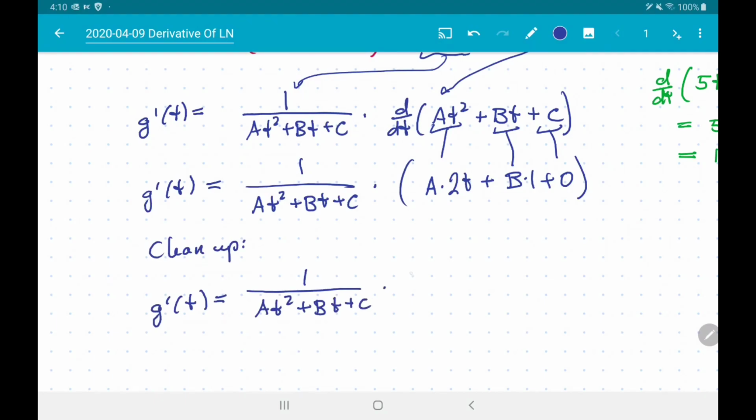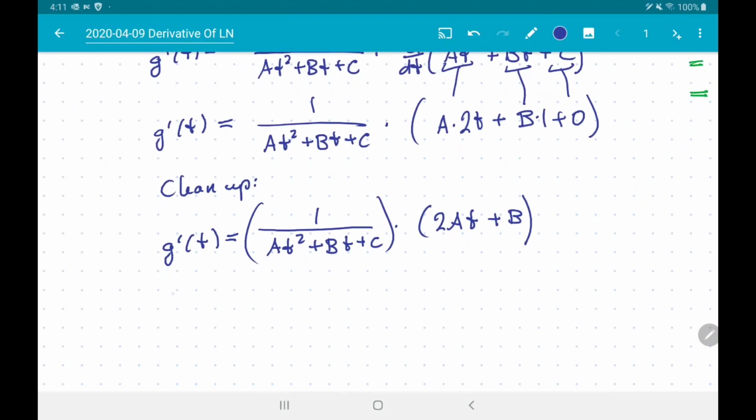And I'm going to put in some extra parentheses just to make everything clear. So there it is. The first part is 1 over the stuff, at squared plus bt plus c, times the derivative of the stuff, 2at plus b. Very often you will see all of this put together into a single fraction.